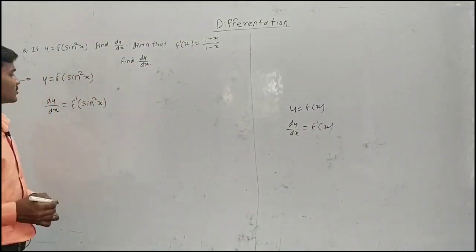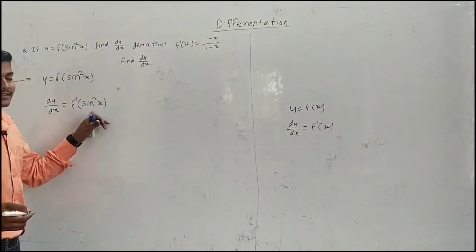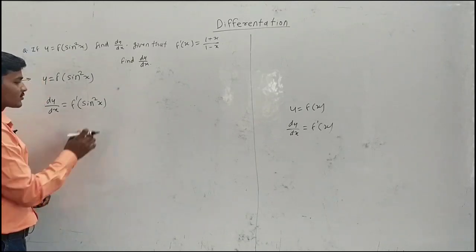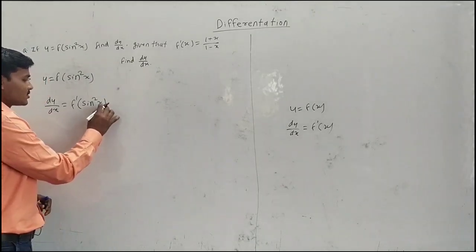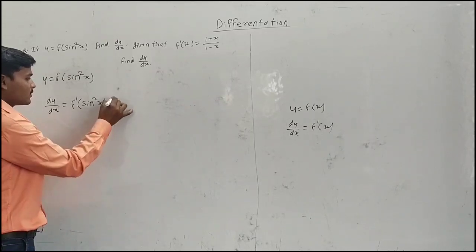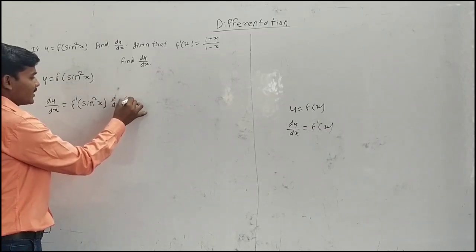dy by dx equals f dash of sine square x, but sine square x is not the standard function, so we take the derivative of sine square x.